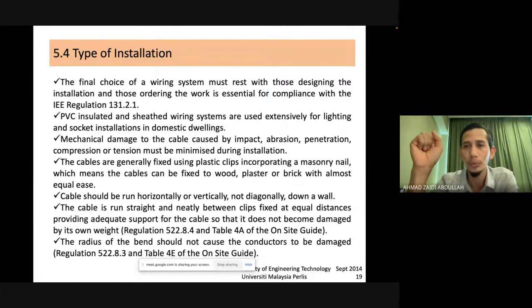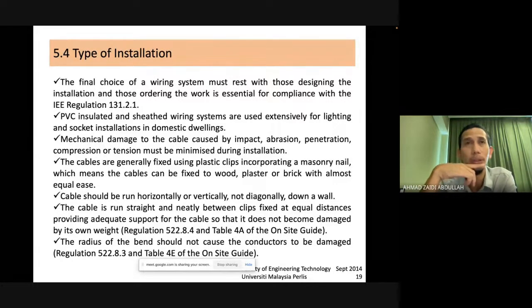As we already saw during our Lab 3, we have 4 to 5 methods of installation. Which one do we want to select to suit our design?